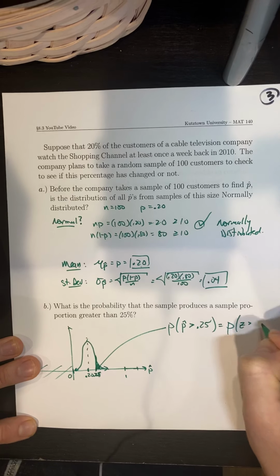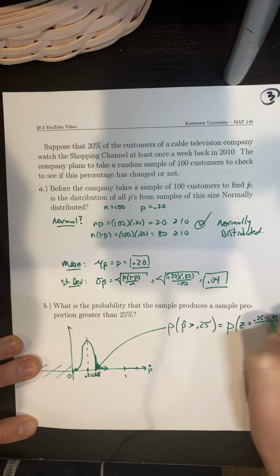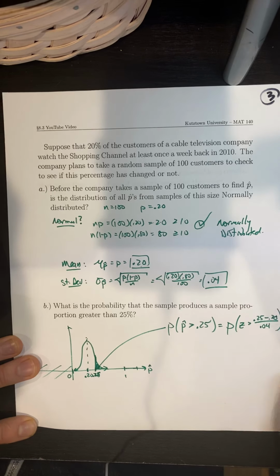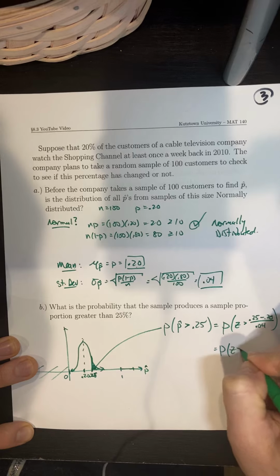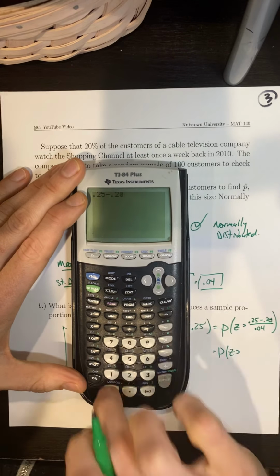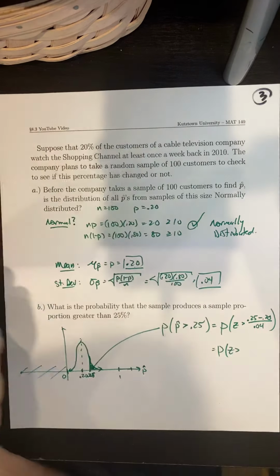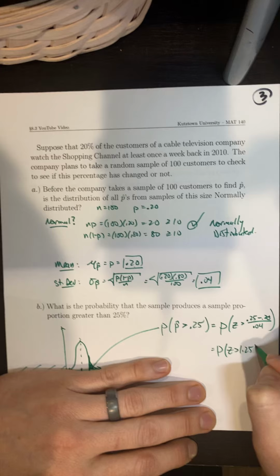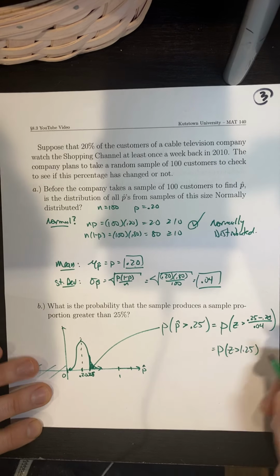I change to z-scores. I do 0.25 minus 0.20 over the standard deviation, 0.04. So I'm essentially finding the z-score. So here I do the probability that z is greater than, so what would be 0.25 minus 0.20? That's 0.05. Divide that by 0.04. I get 1.25. Yep, that's what I thought. So it's 1 1/4 standard deviations above the mean.